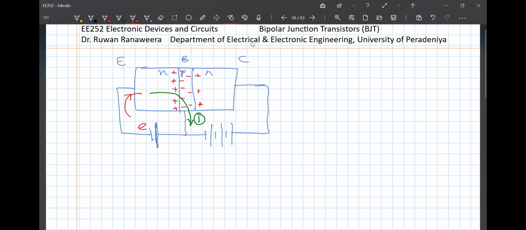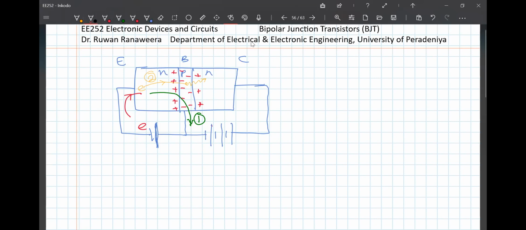The second fate is that the electron can collide with a hole. You have holes in here, right? These electrons can combine with a hole, so that the electron nullifies the hole, and the energy in the electron is dissipated as heat. So this is the second possibility.